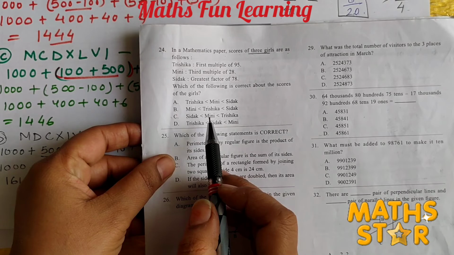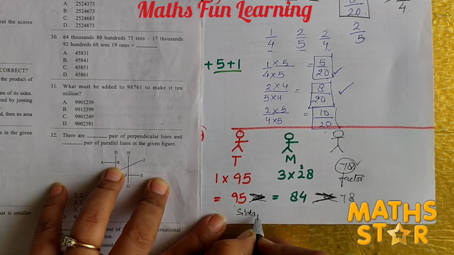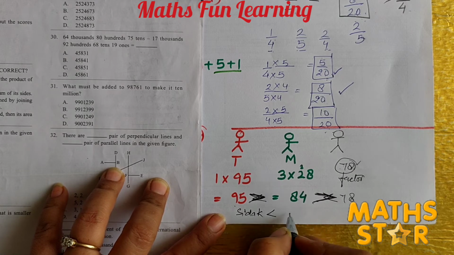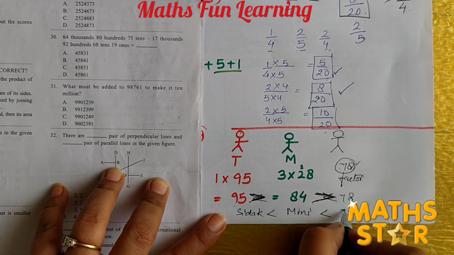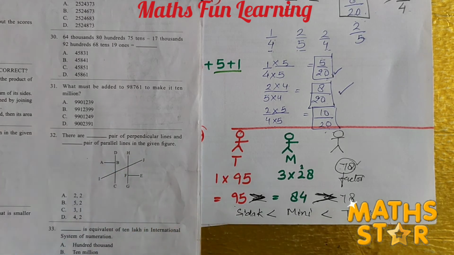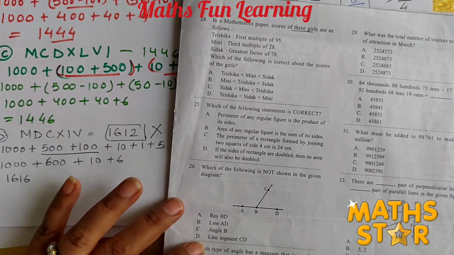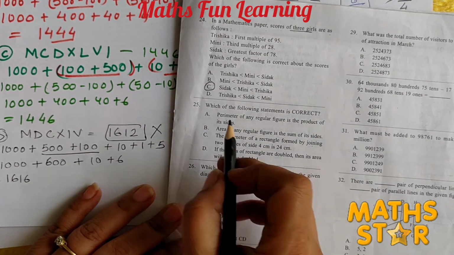Yeah, so here it shows in this form. First Siddhak is the lowest, which is lower than Minnie, and Minnie is lower than Trishika. So you can see option C gives you the correct way. C is the correct answer, not A.